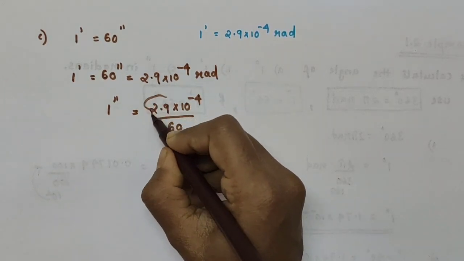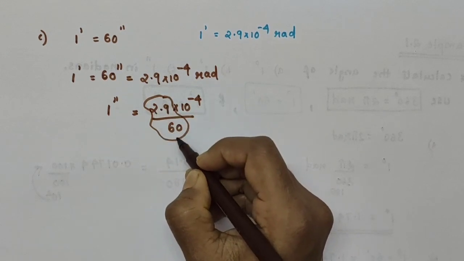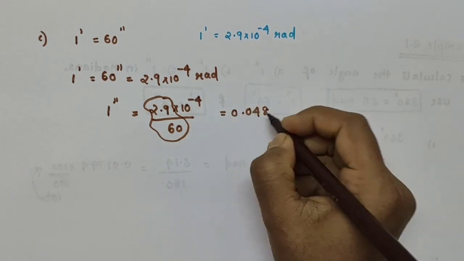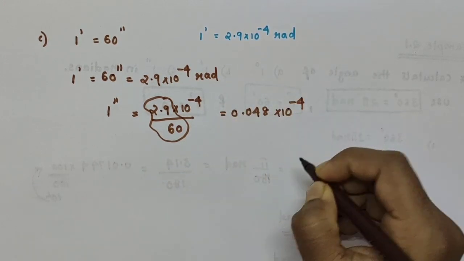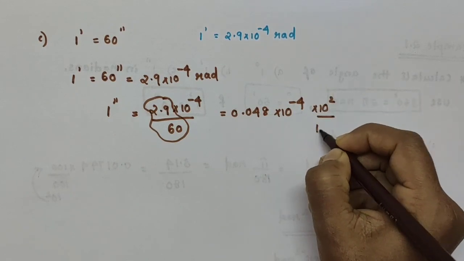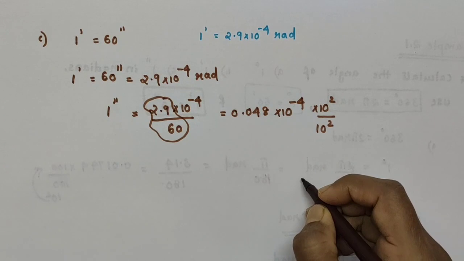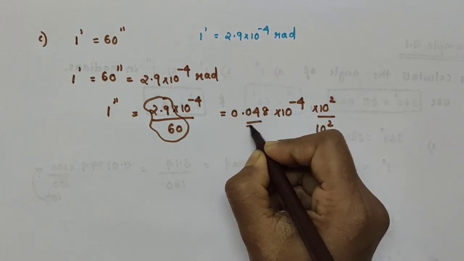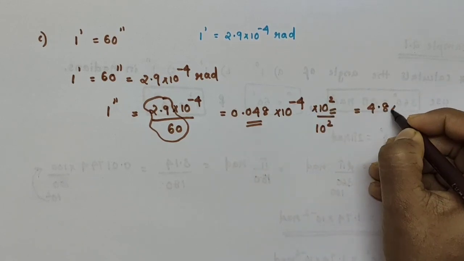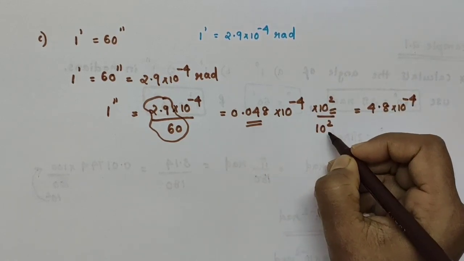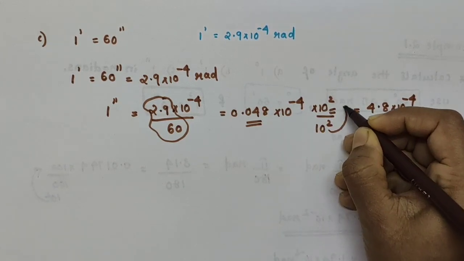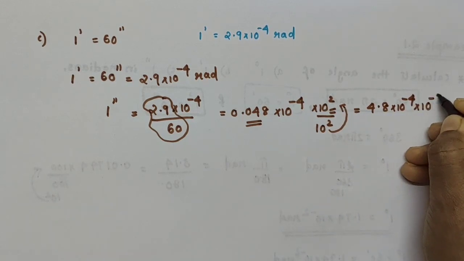While calculating this ratio, 2.9 divided by 60, this will be equal to 0.048, and here we have 10 raised to minus 4. Now I am multiplying the numerator with 10 square and dividing with 10 square. 0.048 into 10 square will be equal to 4.8. Here we have 10 raised to minus 4 in the numerator and 10 square in the denominator. When I take this 10 square from the denominator to the numerator, it becomes 10 raised to minus 2.